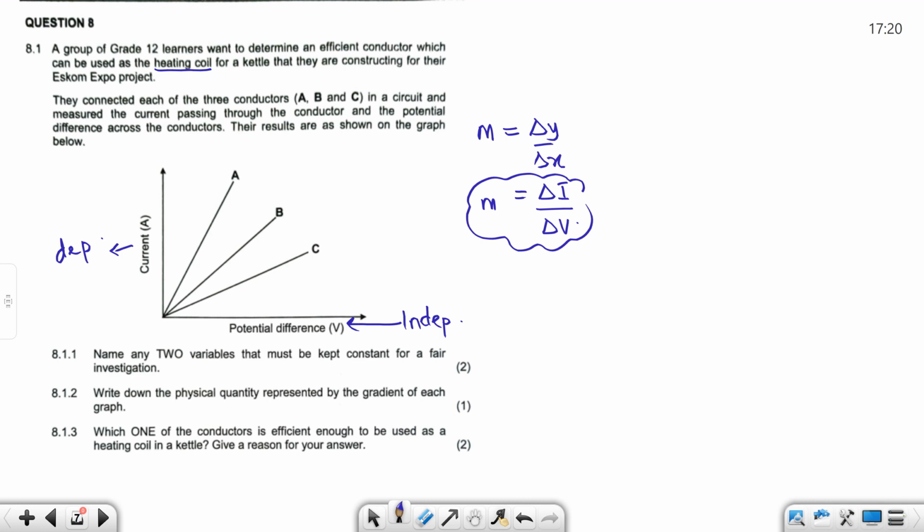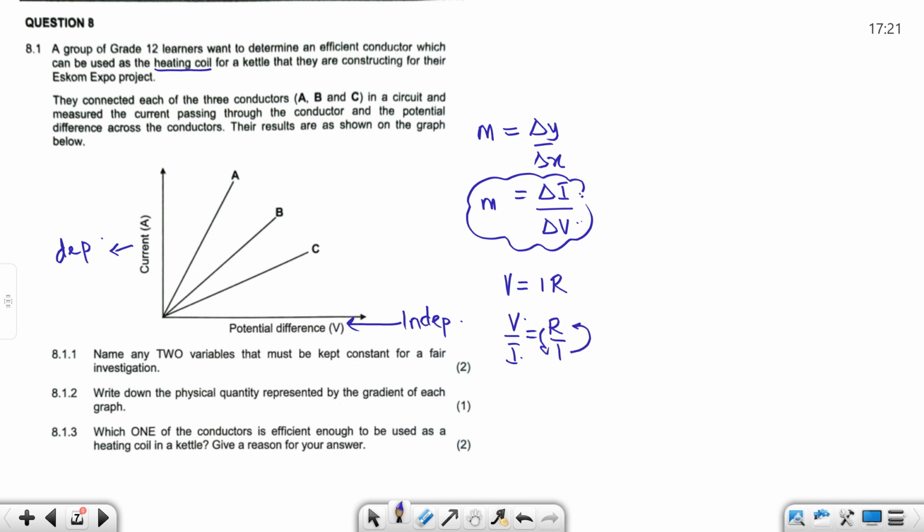If I go back to Ohm's law, V equals IR. Can we divide both sides by I? V over I equals R. But guys, I do not have V over I. What I have as my gradient is I over V, which is the reciprocal.